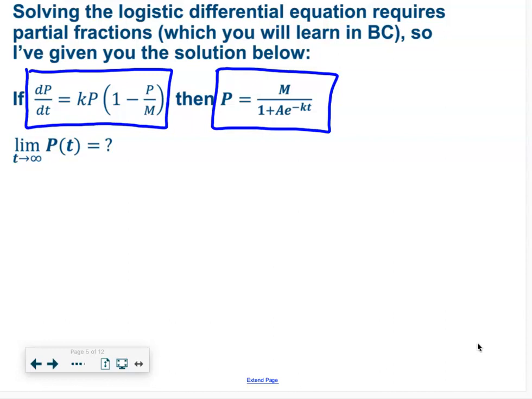But you haven't learned it yet, so because of that, we just give you this. Since you are unable to solve this differential equation with the knowledge that is currently in your head, you have no choice but to memorize this.